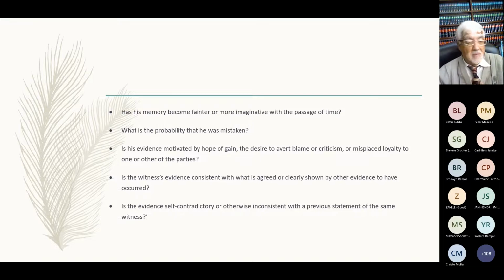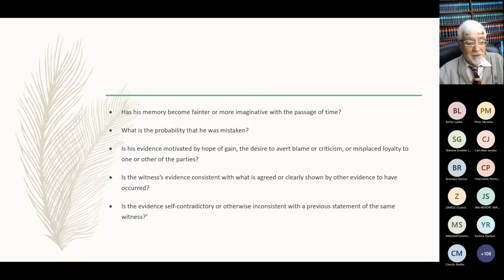Contradictions are a cross-examiner's favorite. If you can show that the witness contradicted themselves on material facts, you can then argue that the witness must be disbelieved.